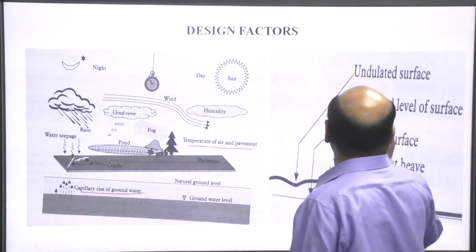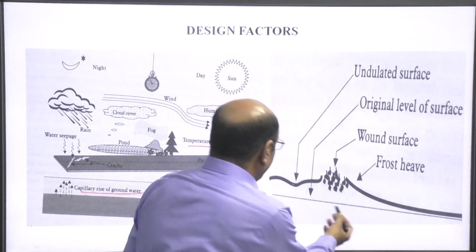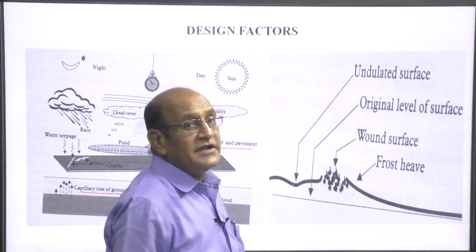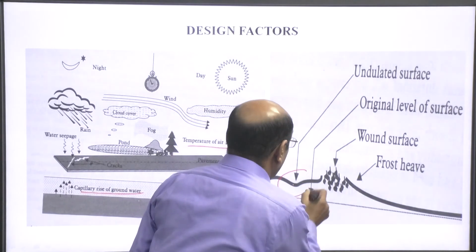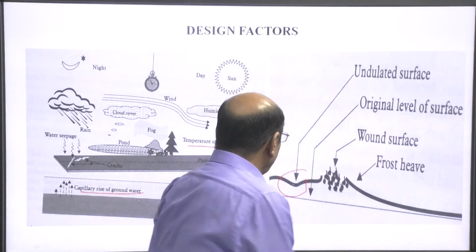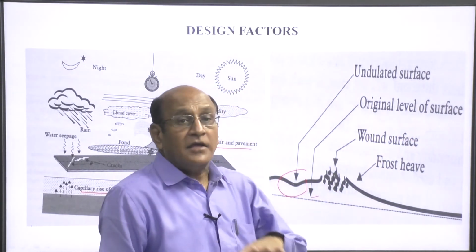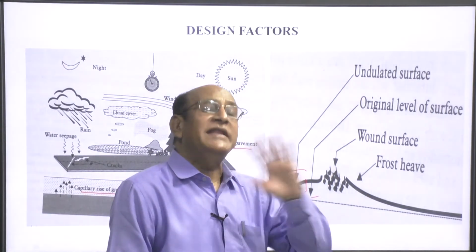This is the original surface, and due to distresses, this is the undulated surface shown here. This is the original level of the surface. The distresses developed due to many reasons.